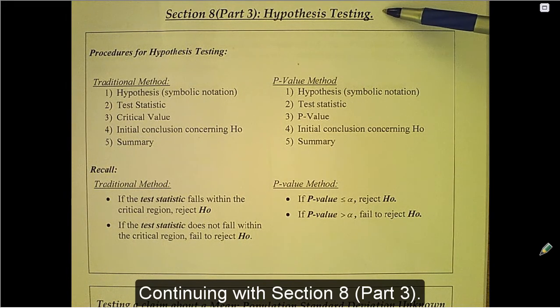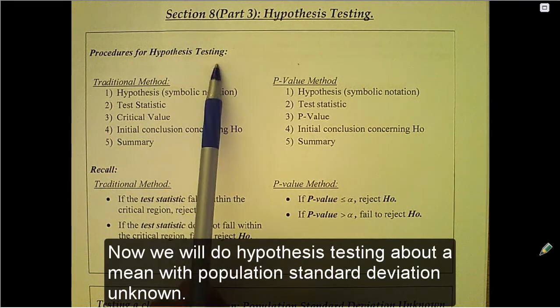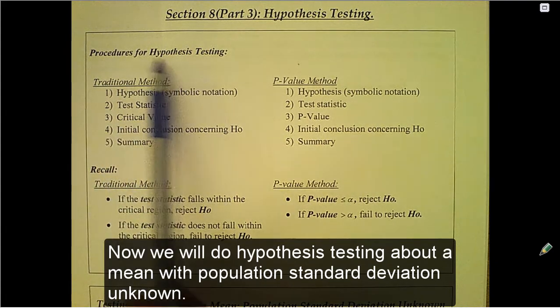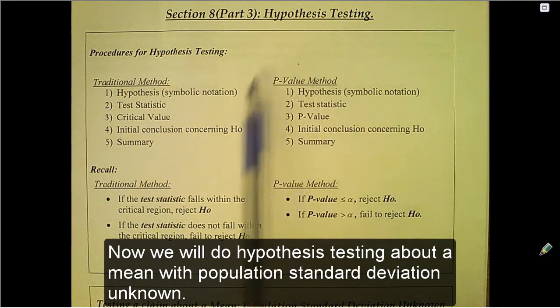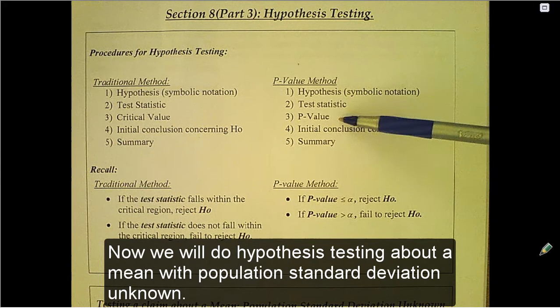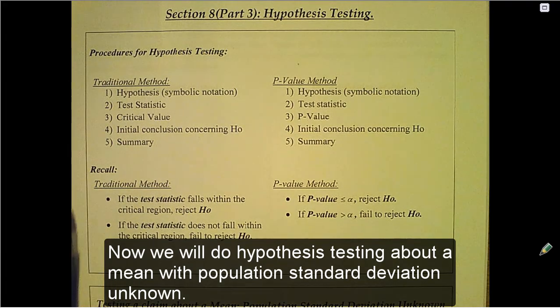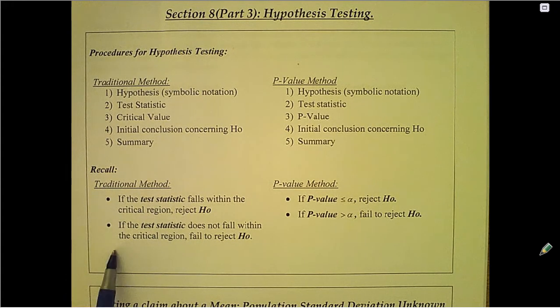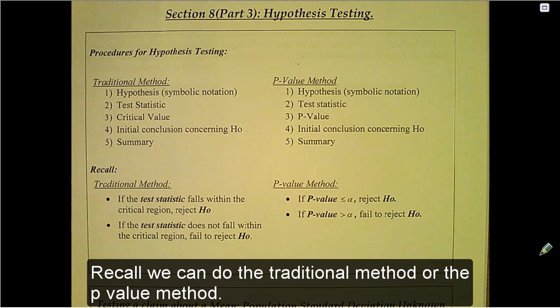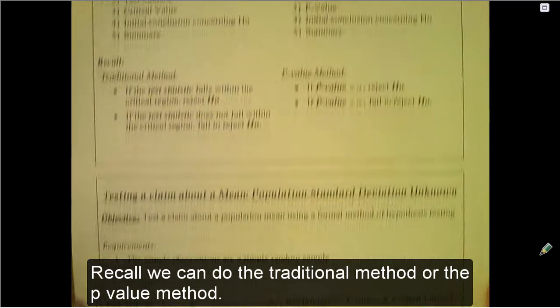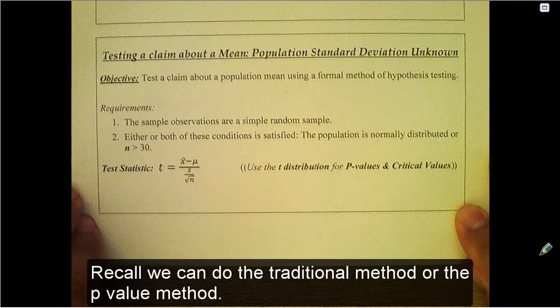Continuing with Section 8, Part 3, now we will do hypothesis testing about a mean with population standard deviation unknown. Recall we can do the traditional method or the p-value method.